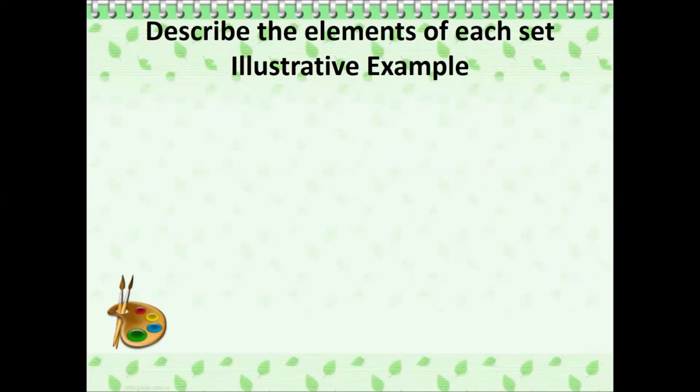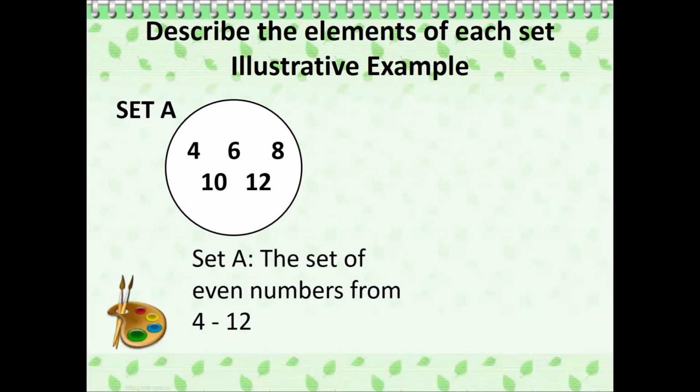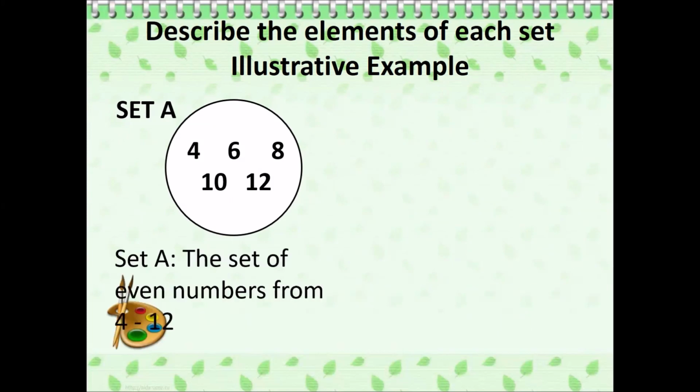So example, describe the elements of each set. Illustrative. So this is set A. The given is the figure. So, what can you say about set A? Set A is the set of even numbers from 4 to 12.